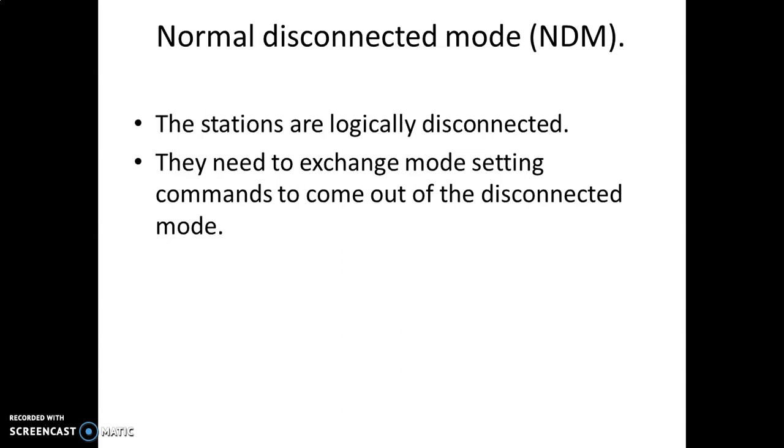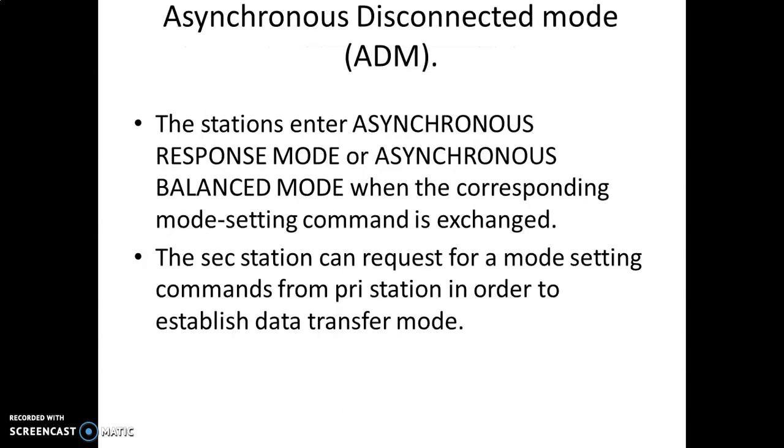For now, just remember that they need to exchange mode setting commands to come out of the disconnected mode. When in normal disconnected mode, a secondary station is activated by the primary station by a mode setting command for normal response mode.